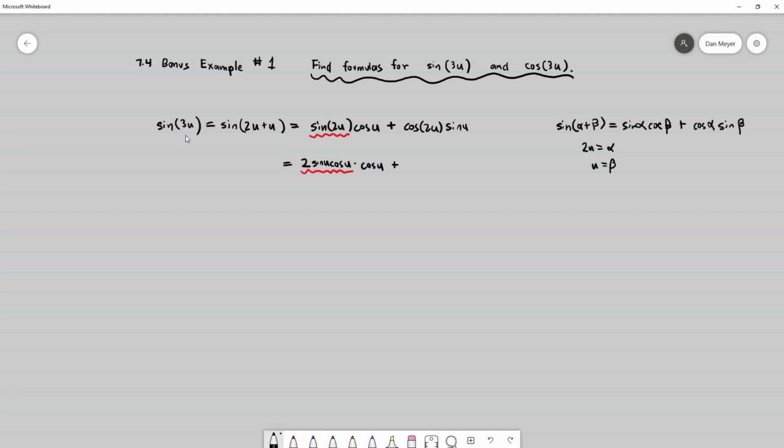Cosine of 2u, we have three formulas for that. I'll just use what I would consider to be the foundation one, the one that's related to the angle addition formula for cosine. That would be cosine squared u minus sine squared u.